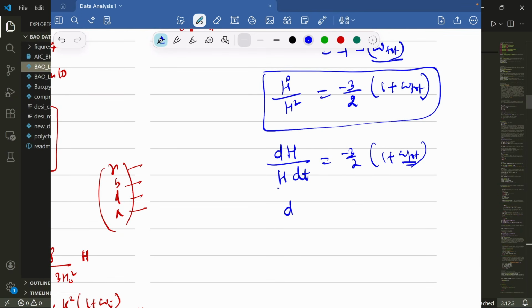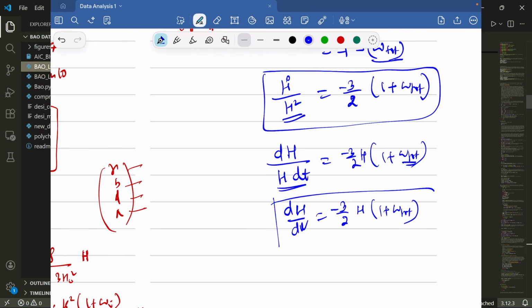Now H dt becomes your dN. dH over dN is equal to, there is H multiplication over here because of H square over here, minus 3 by 2 H into 1 plus omega total. This is also a first order differential equation, isn't it? Now in order to solve it, you have to say what is the value of H at N equal to 0. It becomes your H naught.